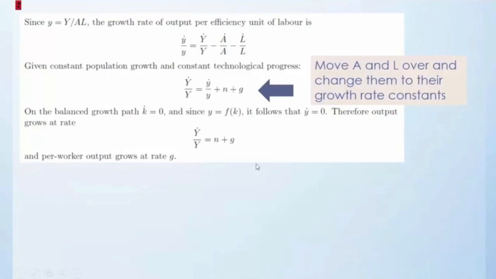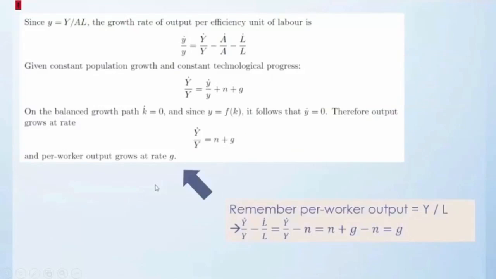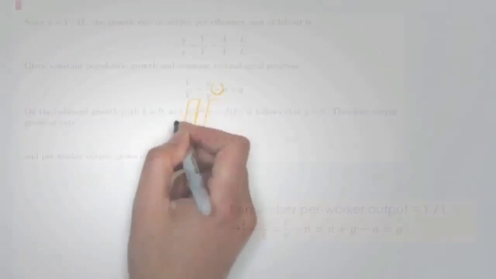The change in output is 0. So we get the change in output, or growth rate of output without the efficiency unit of labor, is equal to the growth rate of labor and the growth rate of technology. And remember that per worker output is denoted.